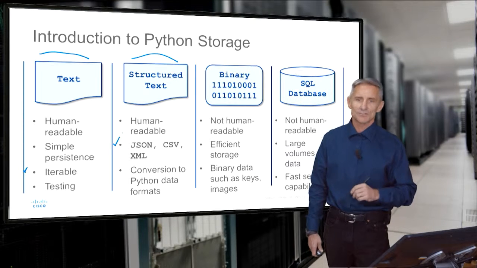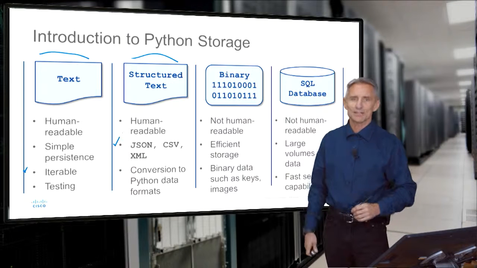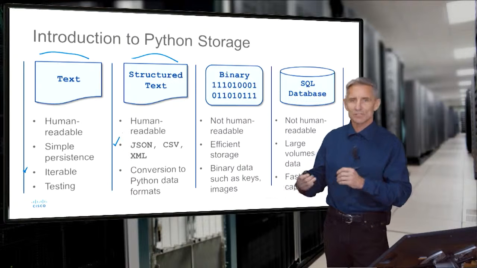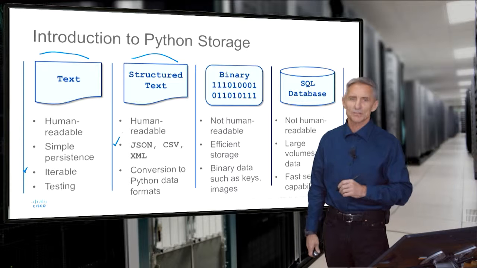So this is very nice. Converting from a file directly into a Python data structure, whether it's a list or a dictionary or a list of lists or a dictionary of lists or whatever, that's very easy with the libraries that you get.